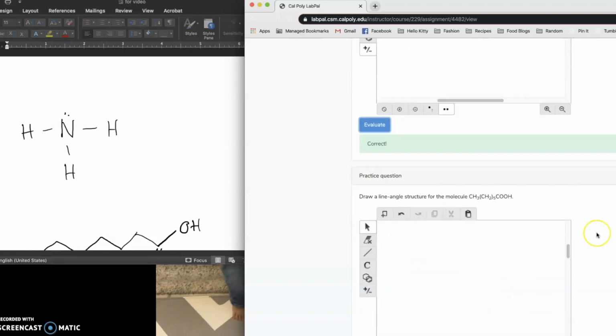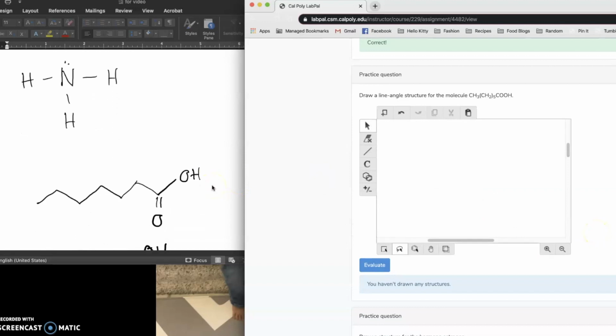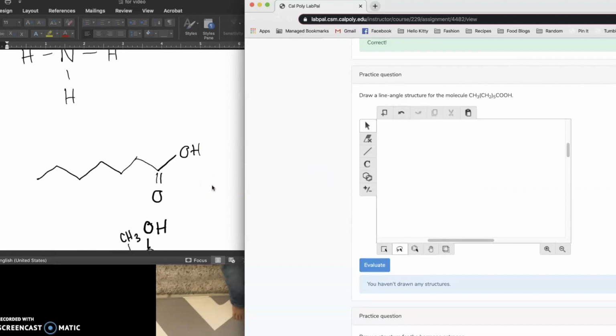Okay, let's look at our second one. So for our second molecule, we're asked to draw a line angle structure for the given carboxylic acid. So I'm going to start off again with the bond builder, and I'm going to click once. So clicking once is the bond between carbon 1 and what would be carbon 2.